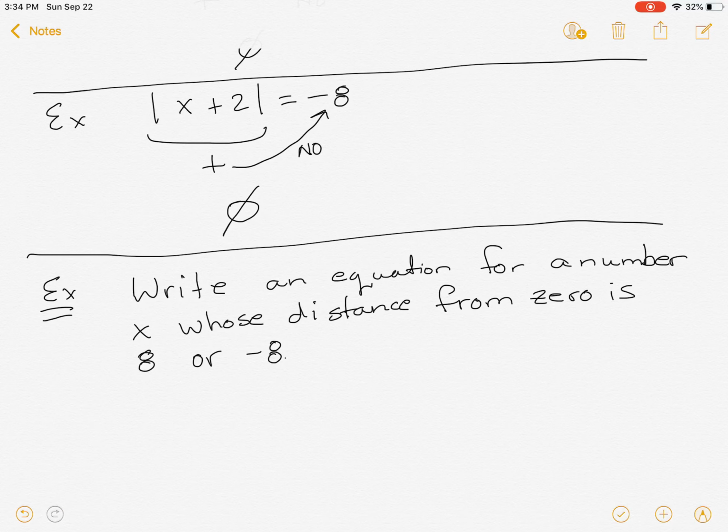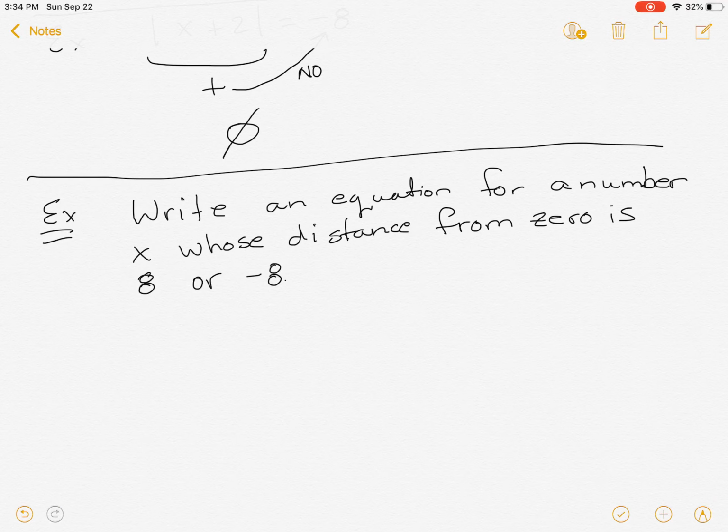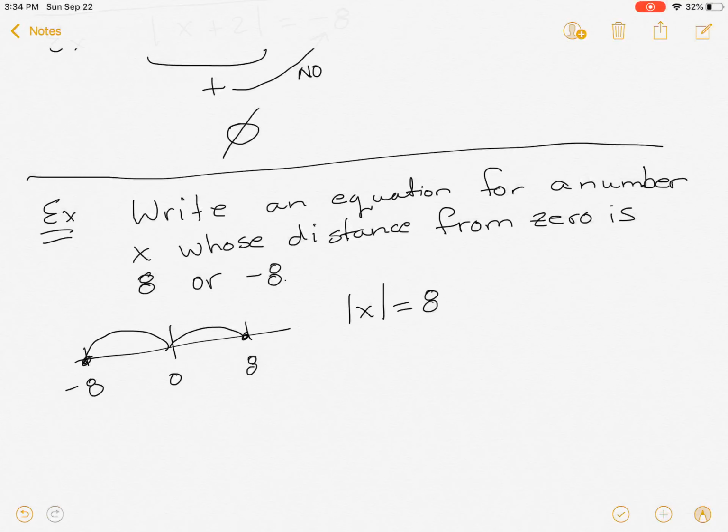Okay, and the way you do that is that you know if you've got 0 and I've got 8 as a distance, or -8 as a distance, that I have the absolute value of x is equal to 8.